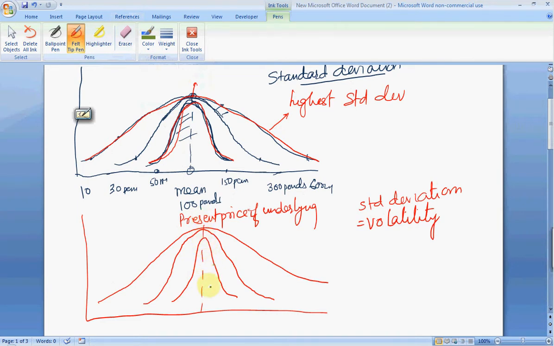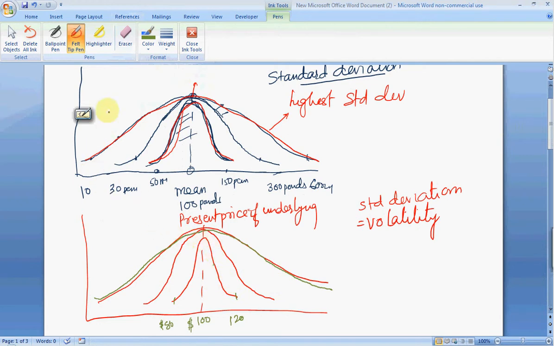If the mean of the underlying is $100, the data doesn't go further to the left or right, maybe just $80 to $120. And for this curve, the data fluctuates very far.